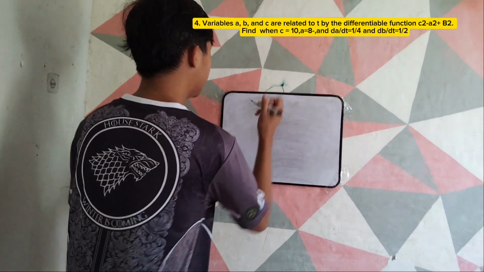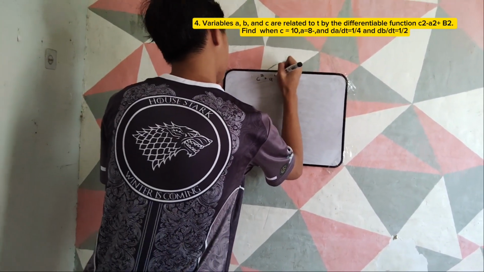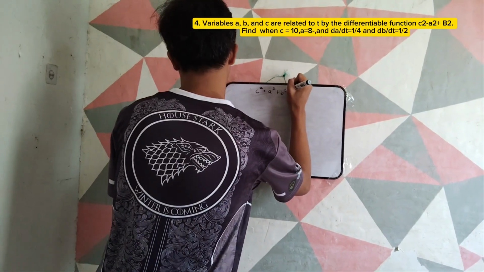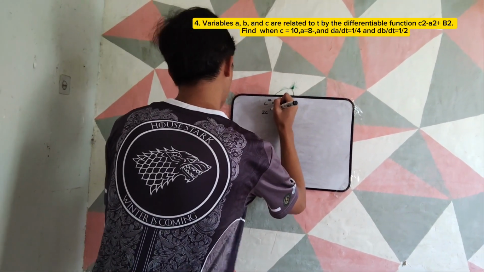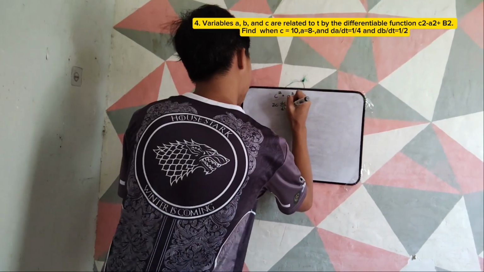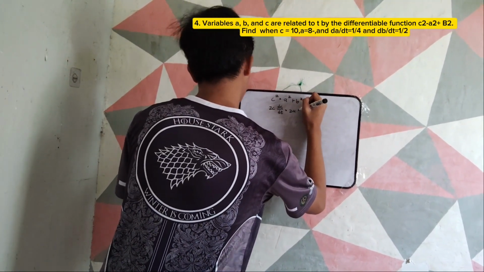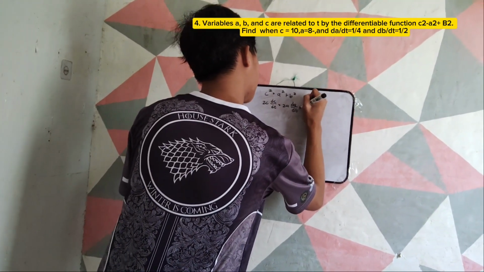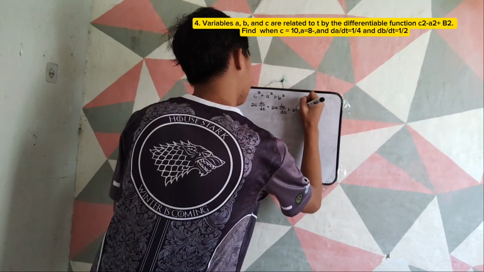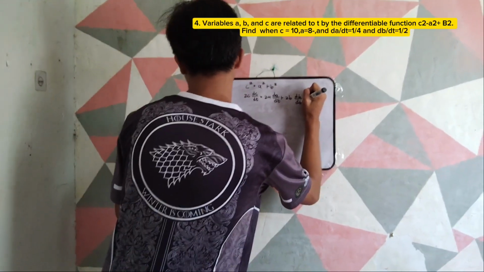So c squared is equal to a squared plus b squared. We differentiate the c squared, so we get 2c dc over dt is equal to the derivative of a squared, which is 2a dA over dt, plus the derivative of b squared, which is 2b dB over dt.